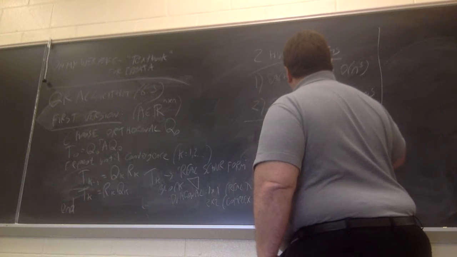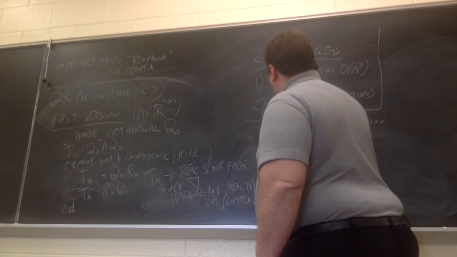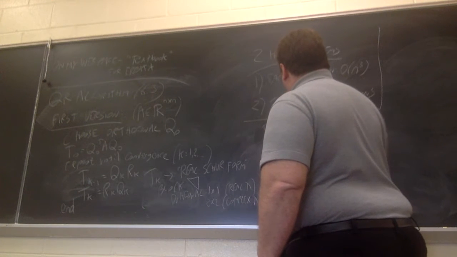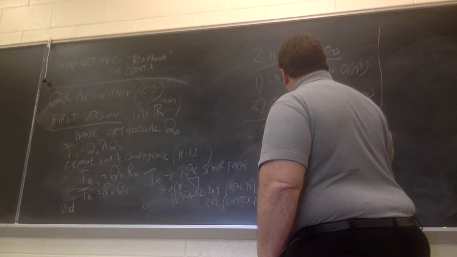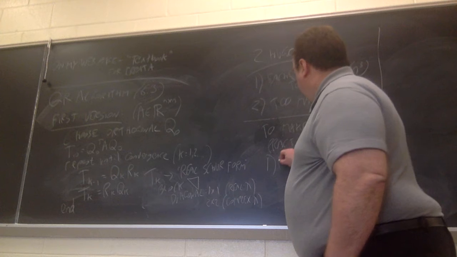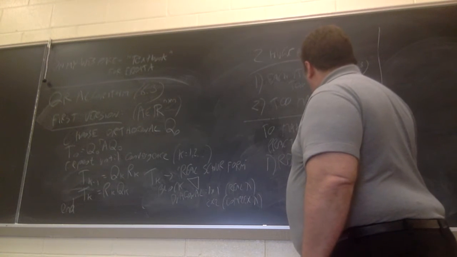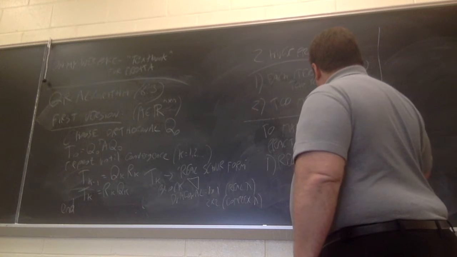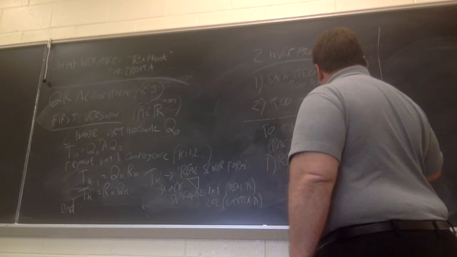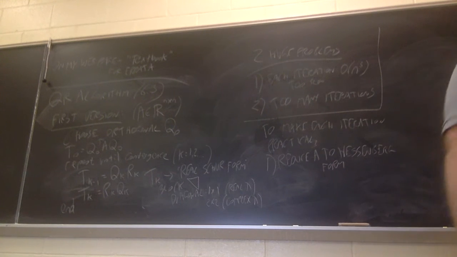To make each iteration practical, we do the following. Reduce A to Hessenberg form. So we want to reduce A to triangular form using similarity transformations.